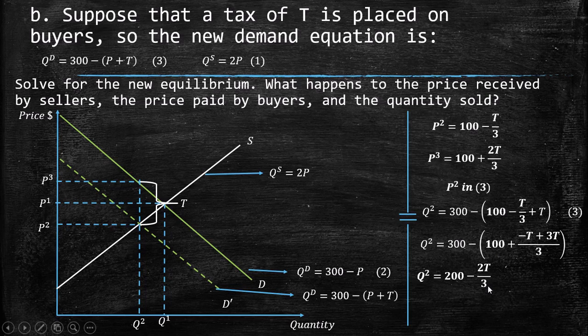It makes sense as well. Why? Because remember Q1 was 200, but now minus this fraction, it is going to be lower.